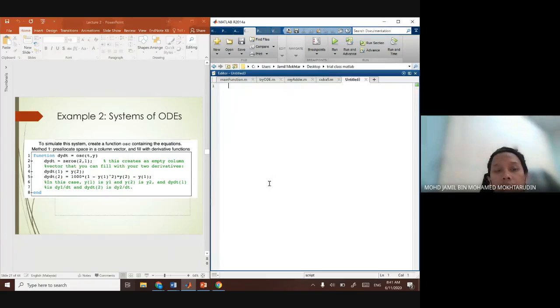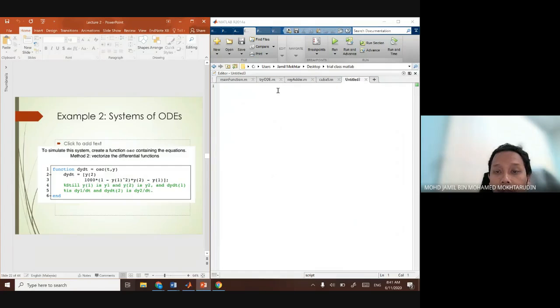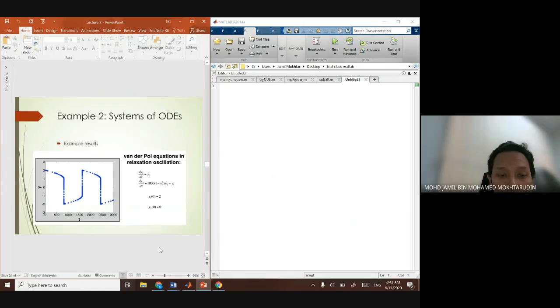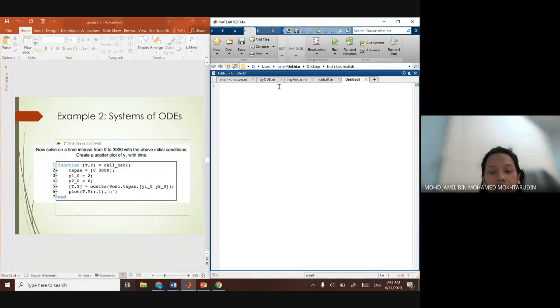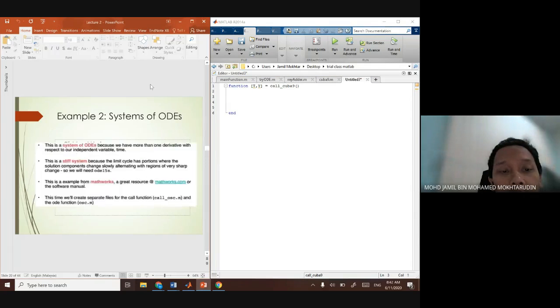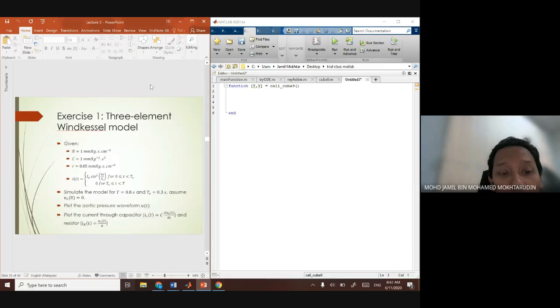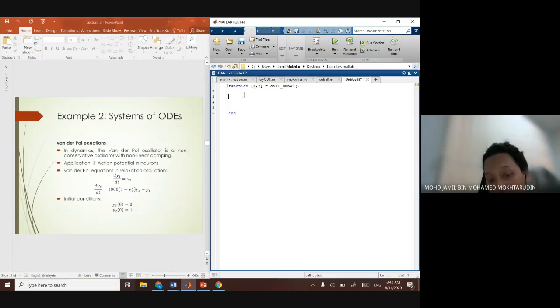Now you can write the calling function. The first thing you need to write in your calling function is the initial condition and the time span.